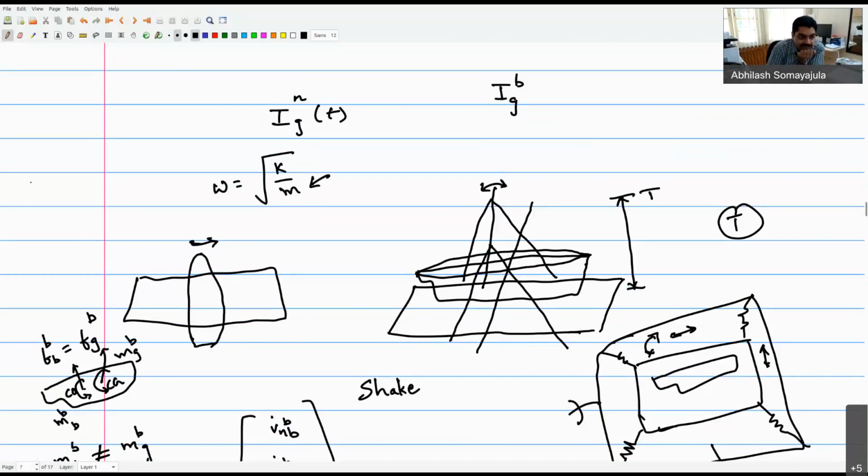In fact, M_BB will be M_BG plus an additional component, which will be R cross the force vector here. Is that making sense?